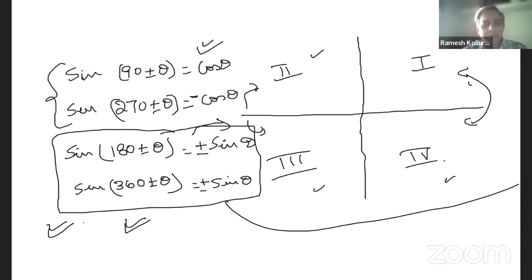There are multiple ways, but right now we will stick to this method, 180 plus or minus theta and 360 plus or minus theta. It can be sine, cosine, tangent, cotangent, anything. But if I come back to here and here, this will make my life easier.